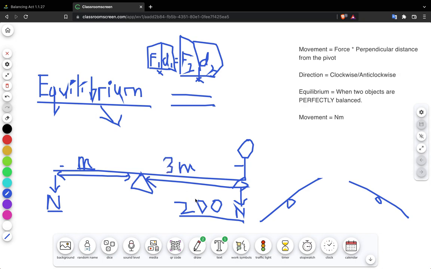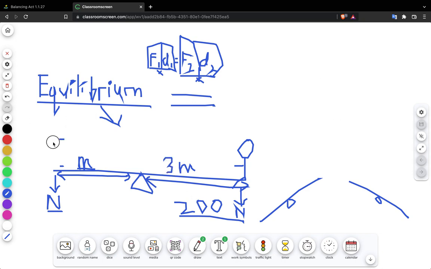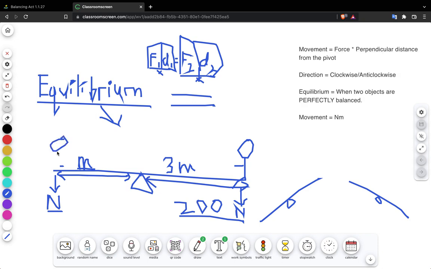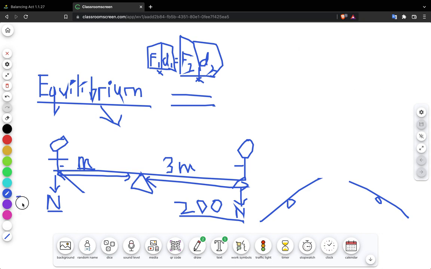Alright. So now let's just say there's a heavy adult over here. Just another heavy guy. Maybe his dad. His dad is on the seesaw with him, and his dad weighs, let's say, 30 kilograms, 300 newtons.